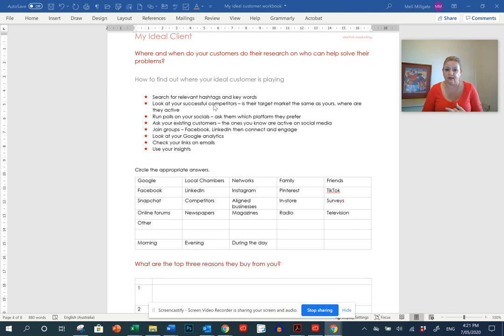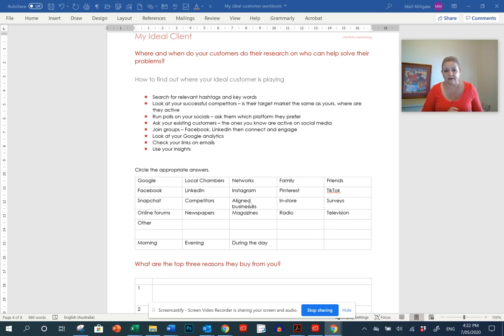That gives you some indication as well. And use your insights. If you're on existing platforms like Facebook and Instagram, they give you some pretty good data. Look at that and identify which platforms your ideal customers are playing on. And then you can circle the appropriate answers below.